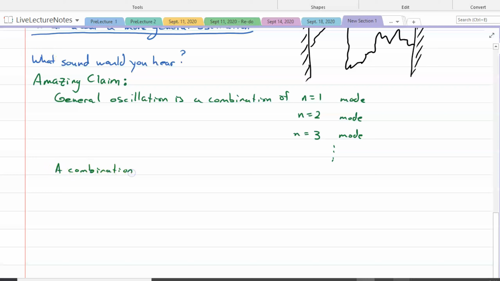In the case of the example I did above, I said it's a combination of 440 hertz, so you're hearing that frequency, but then n equals 2, you'd have 880 hertz as well. And then, let's see, 440 times 3, what is that? 1320? And so on.